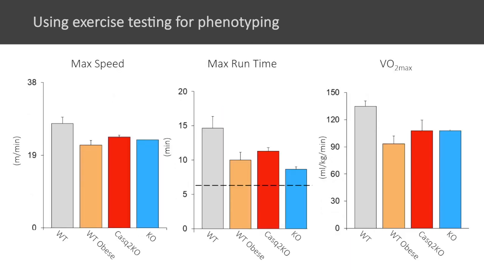And then finally, not only can you use these data to determine defects in known models that should have defects, but even if you have a model that has some sort of impairment, and you're not sure if that impairment is related to cardiometabolic fitness, just by plotting those numbers in or having a reference, you're able to detect in an unknown knockout model defects in max speed or runtime or VO2 max.